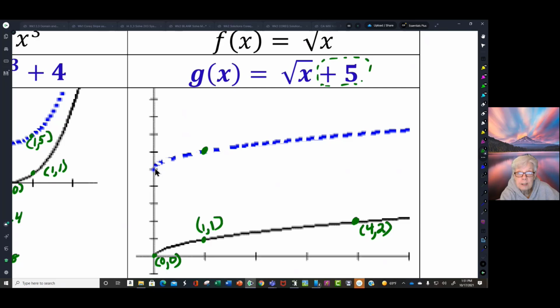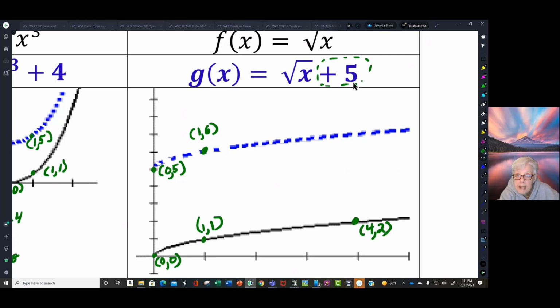Yes, it is, because that's 5. 0 plus 5 is 5. That 1 plus 5 is 6. So now this is the point 0, 5. And this is the point 1, 6.